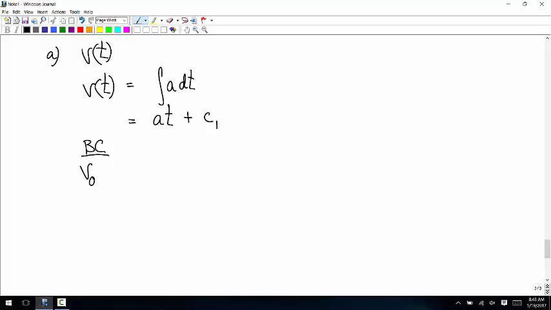So v sub 0 is equal to a times 0 plus c1, so c1 is equal to v sub 0.